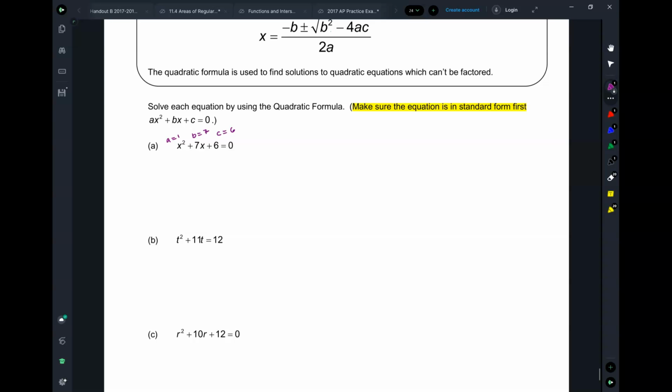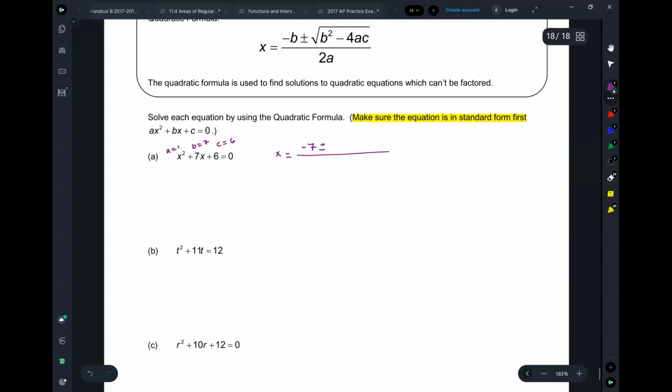So now, let's do this. We say x equals, okay, negative b, negative 7, plus or minus the square root of b squared, 7 squared, minus 4 times a is 1 times c is 6, all over 2 times 1.